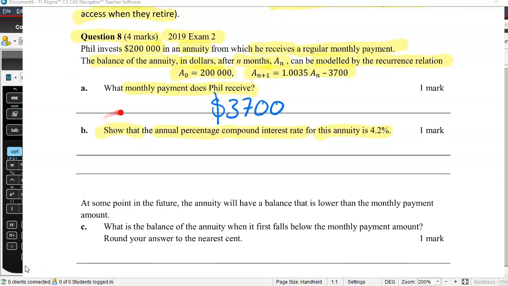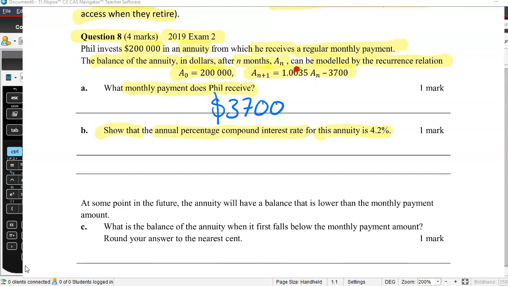Show that question means you've got to do a calculation where the answer will end up being 4.2%. This is a major mistake that students all around the state make every year. With a show that question, you do not use the answer as part of your calculations.